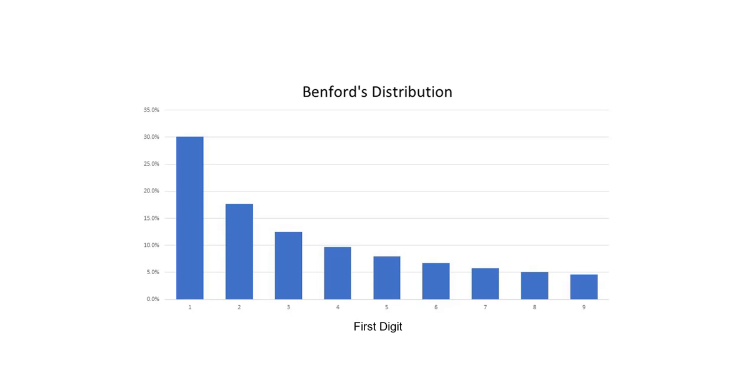The digit 1 is expected to occur about 30.1% of the time, and the first digit of 2 about 17.6% of the time, decreasing all the way down to the first digit of 9, which is only expected about 4.6% of the time. It's important to understand that Benford's distribution does not apply to all data.